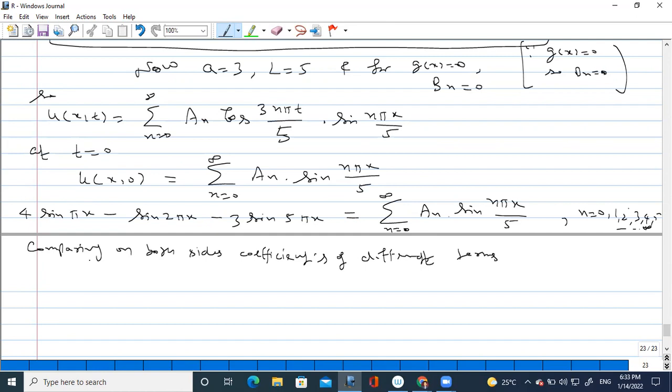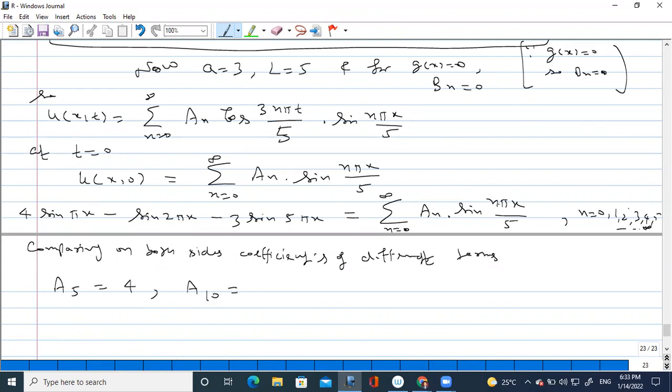Okay. So by comparing them, here I will get sin pi x. If I put n equal to 5, then it will be a5. So a5 is 4 here. If I compare on both sides, a5 is 4. How much will a10 be?